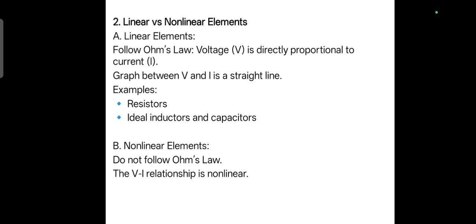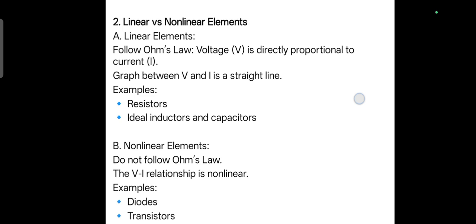Simply we can also say that non-linear components are those that change with respect to the applied voltage and current. Examples of non-linear elements are the diode and transistor. So simply, a linear element follows Ohm's law, and a non-linear element does not follow Ohm's law, in terms of the relation between voltage and current.